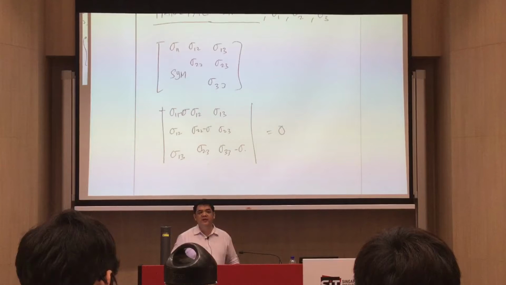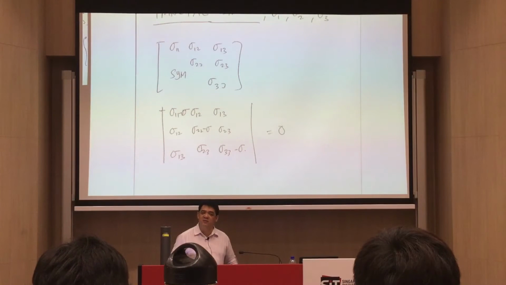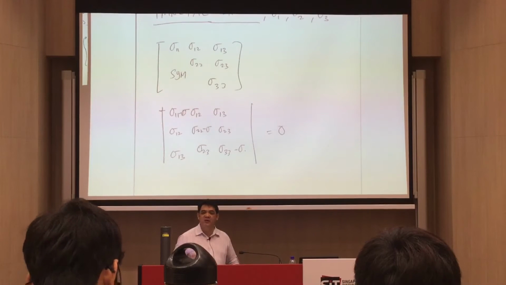The 3 roots will be your principal stresses. Sigma 1 will be the highest, sigma 3 will be the lowest, and sigma 2 in between.